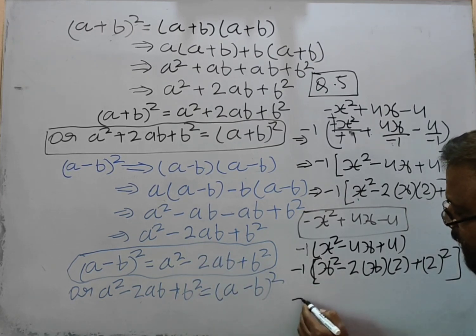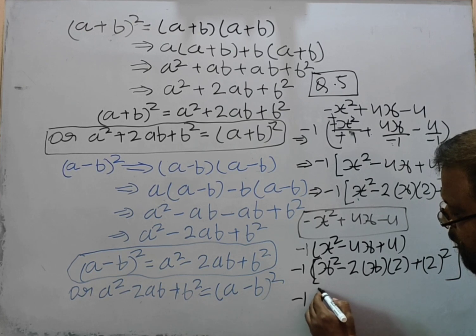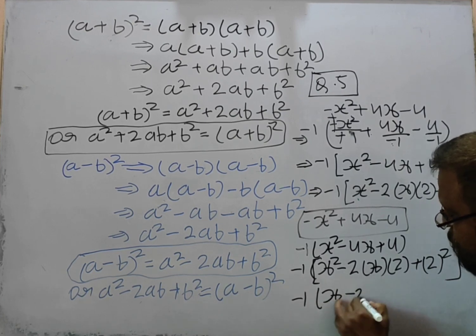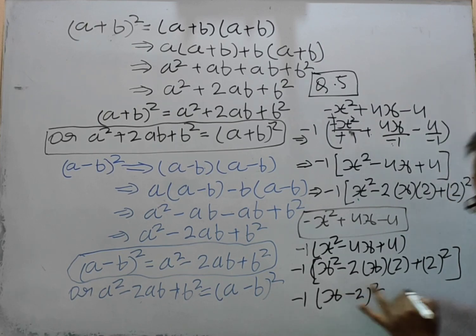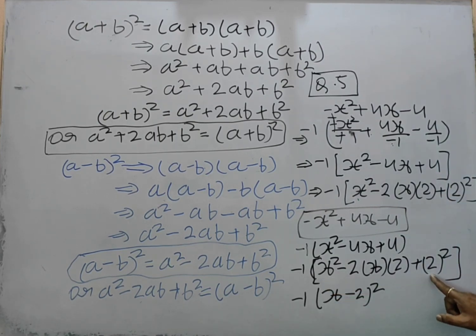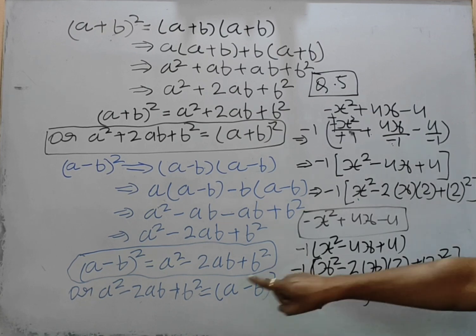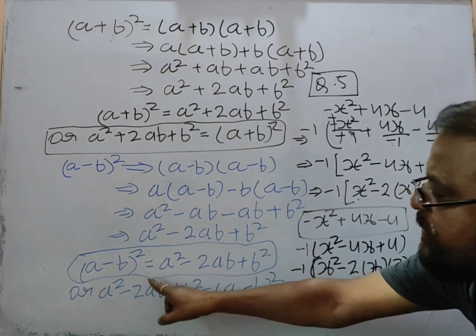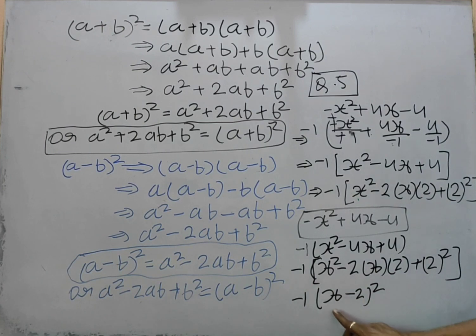So I write minus 1 bracket x minus 2 whole square, because x belongs to a and 2 belongs to b. In place of a, I write x. In place of b, I write 2. So x minus 2 whole square. Things are over.